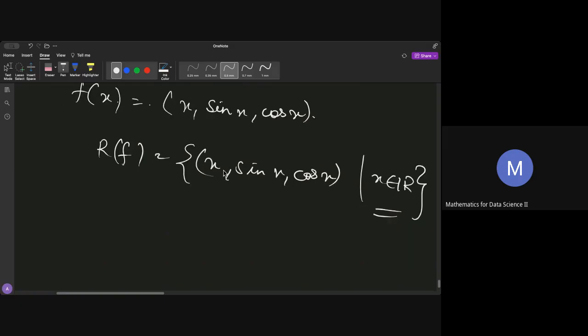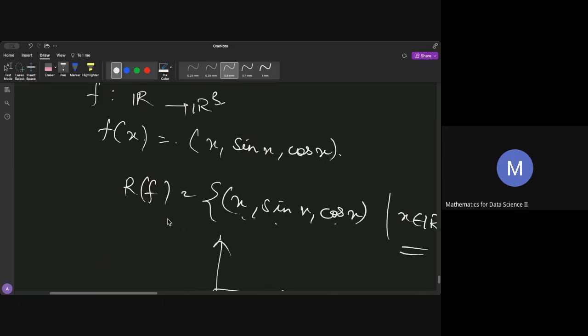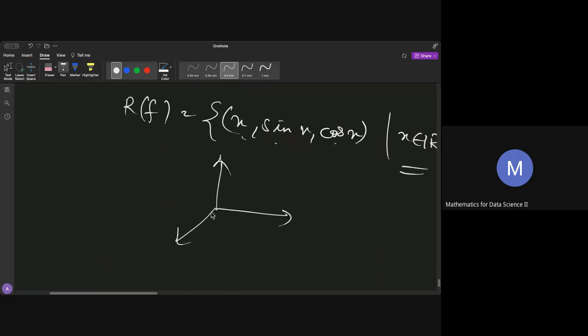Can I plot these points in the R2 plane? I'll obviously have to have the R3 plane, because I have three tuples here. And when I plot the range, that will give me a curve in R3. As far as I remember, this is the helix curve. I can't draw this, but you can check what a helix looks like on the internet, and then you will know that it's a curve in R3.